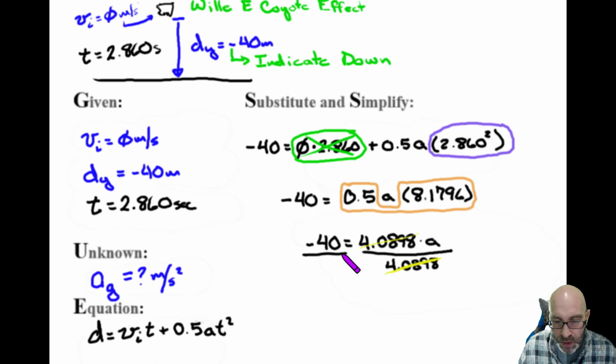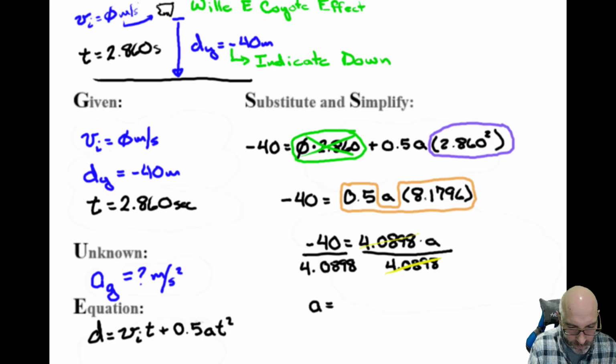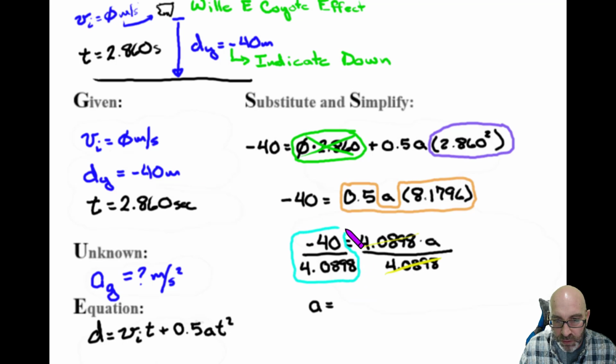But whatever I do to the right, I need to do the left as well. Now, if I solve the math in the blue circle, I get a result of negative 9.78 meters per second squared.